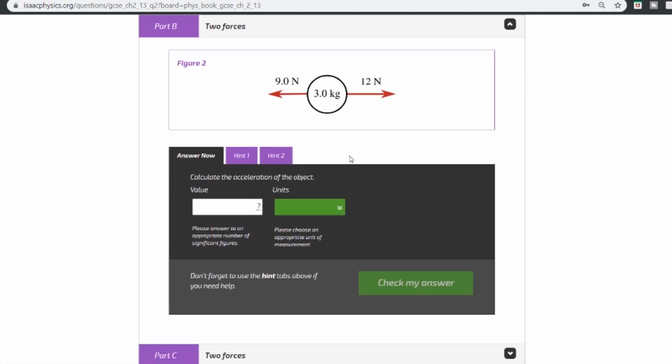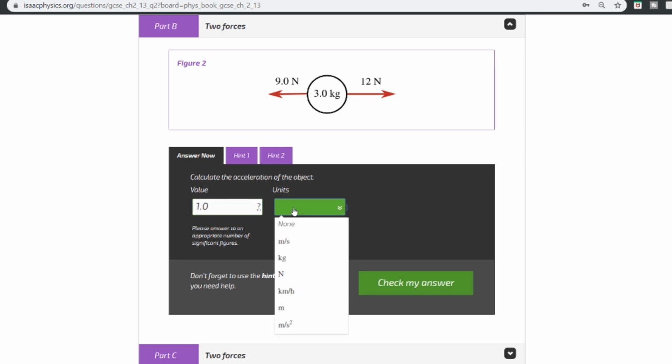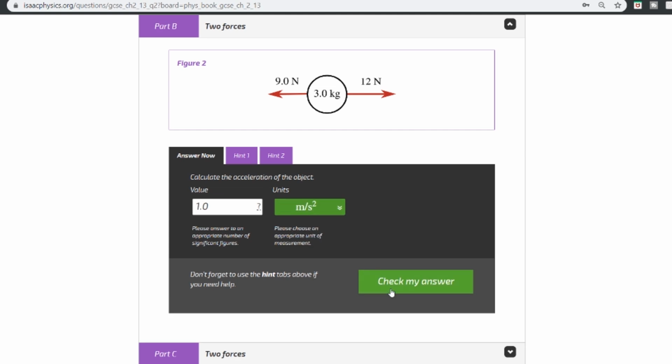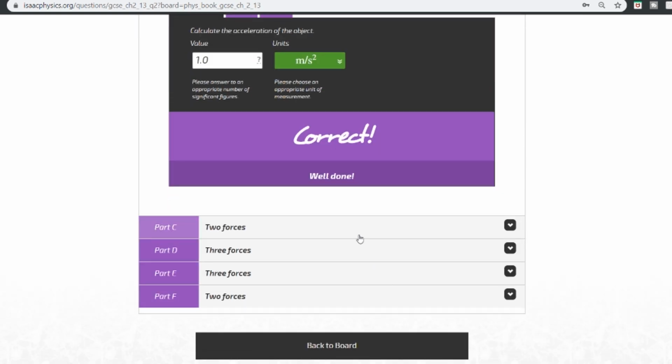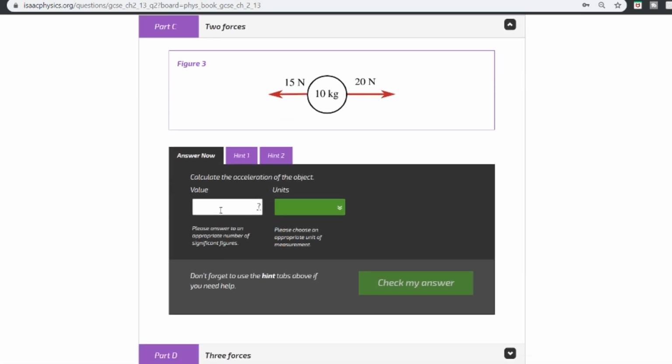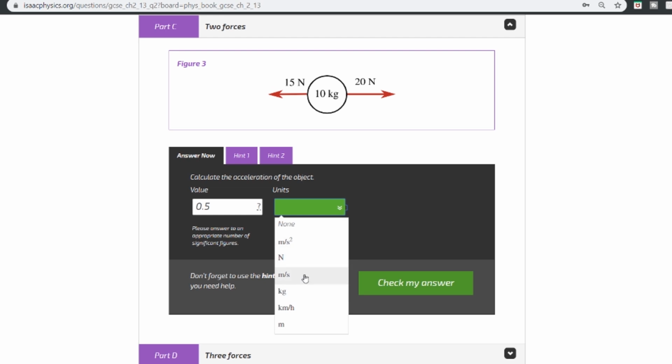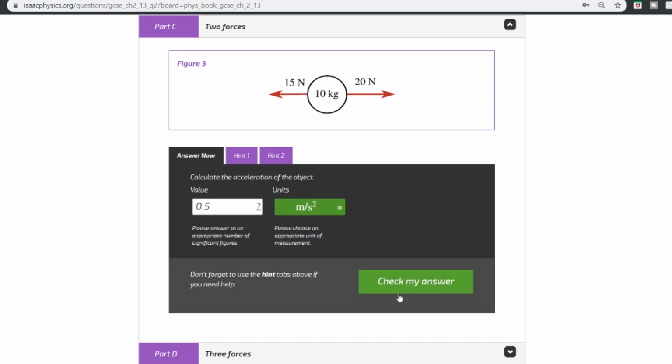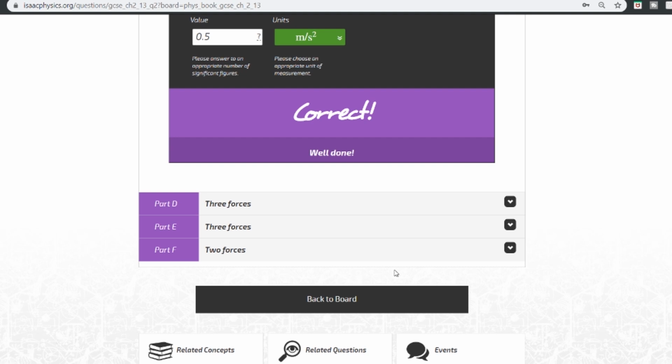Part B, we said it was +1, so 1.0, units are meters per second squared, that's correct. The next one, 0.5, units are meters per second squared, and this really makes you start to know your units.